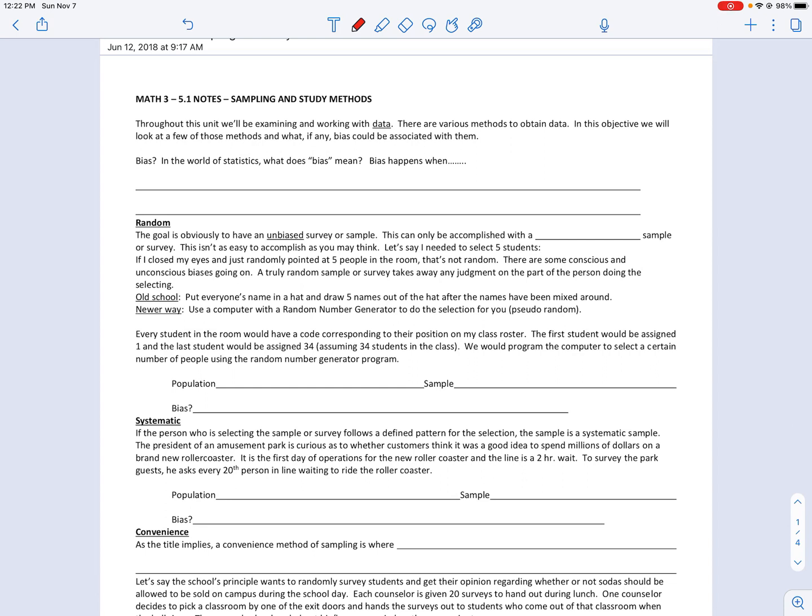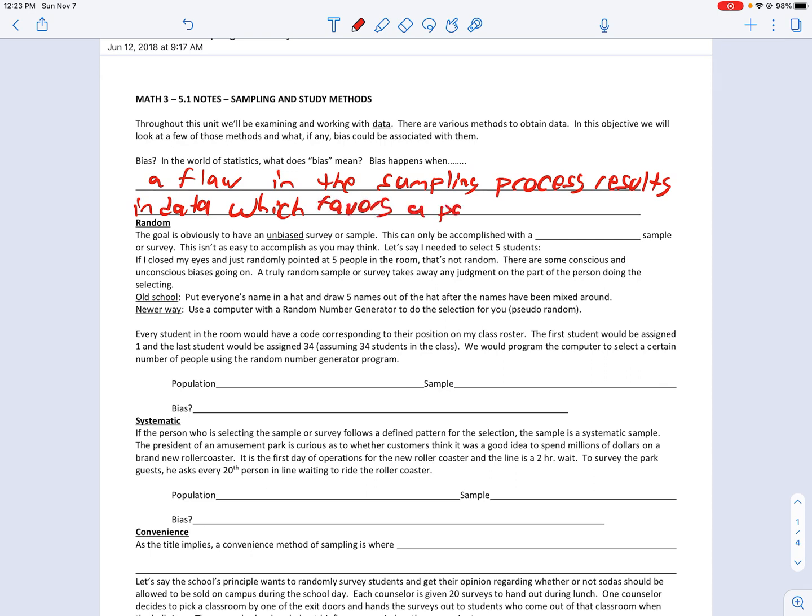When you're working with statistics, the word bias is going to come up quite often. So in terms of statistics, what do we mean by bias? It is a flaw in the sampling process that results in data which favors a part of the population.